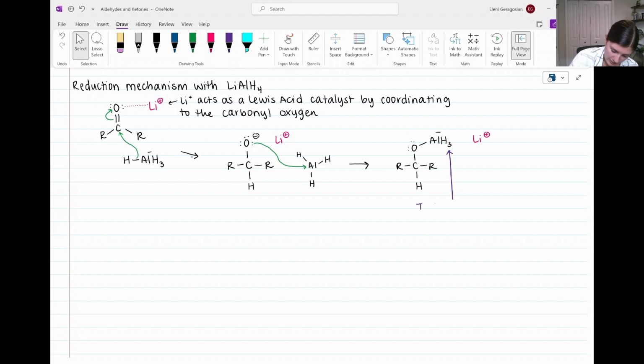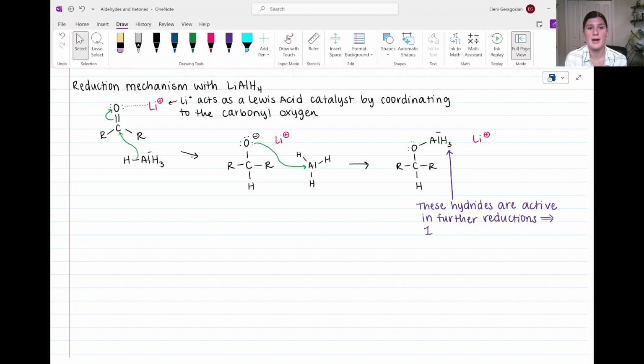So these hydrides are active in further reductions, and because of this, each lithium aluminum hydride molecule can reduce a total of 4 aldehydes or ketones because there are 4 hydrogens available in lithium aluminum hydride.